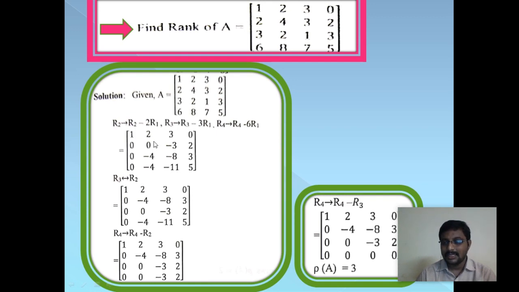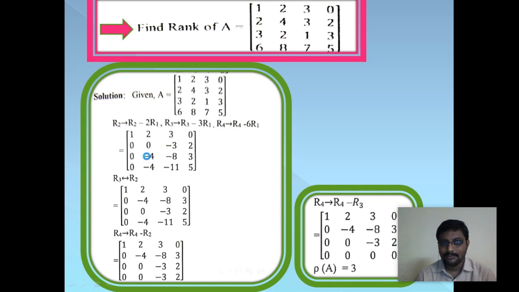The last condition is that zeros, if any occur before the non-zero entry, should be arranged like this. So for this we are interchanging R3 and R2.